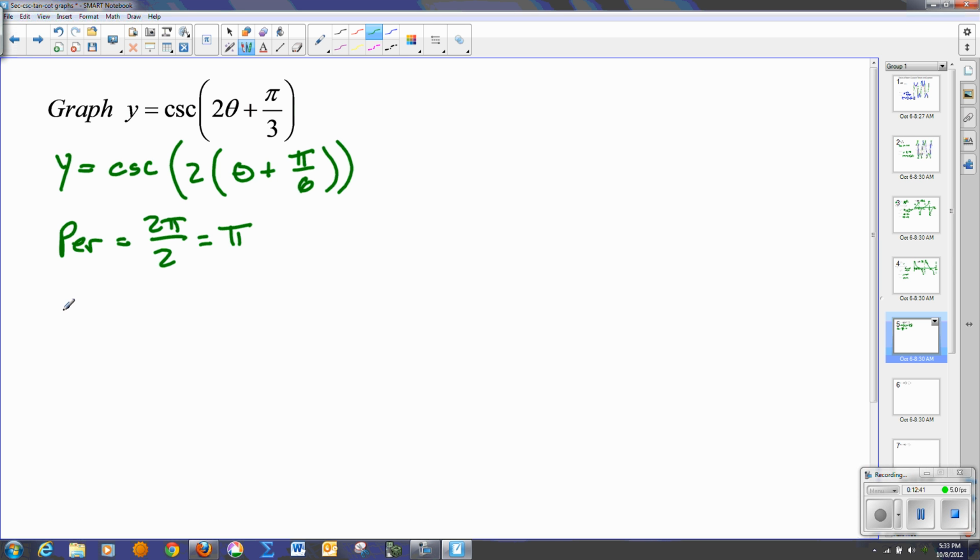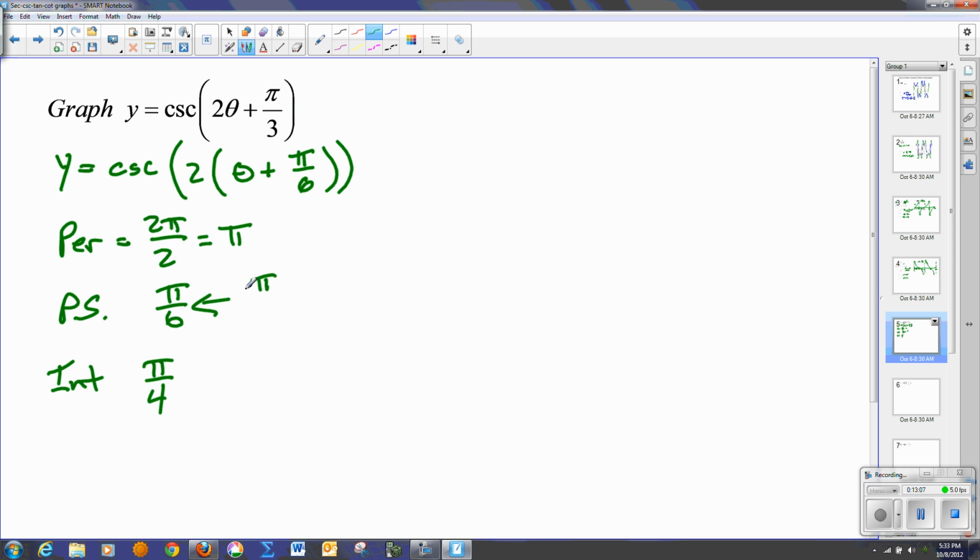I have a phase shift of pi over 6 to the left. And I have an interval value of pi over 4. So I notice if I'm going to start at pi over 6 back and move up by pi over 4 every time, I'm going to make my intervals into twelfths.